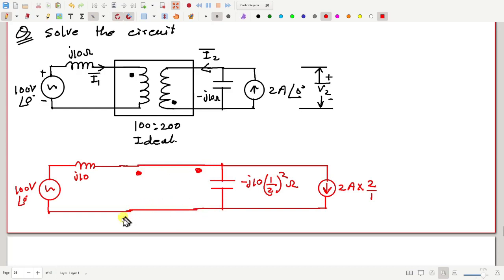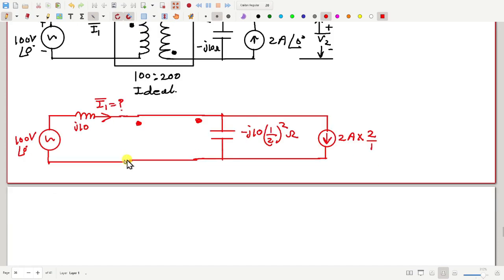Now how much is this current? Who can find it? Which method will you use? You may use superposition. I think you can use superposition.